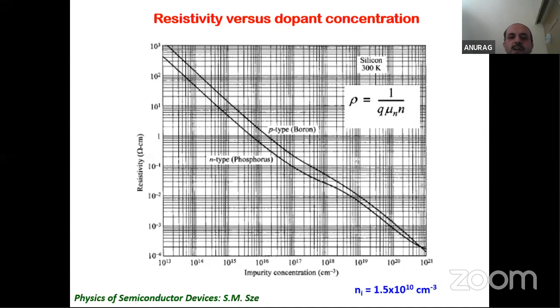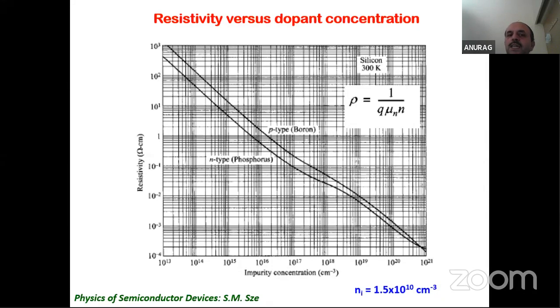On one end you have 10 to the power minus 4 ohm centimeter, which is more towards the resistivity of semi-metals. On the other side, you have 10 to the power 3 ohm centimeter, which is going more towards the insulators. So they can span almost 7 or 8 orders of magnitude. This is the reason why semiconductors are so useful for making different types of devices.